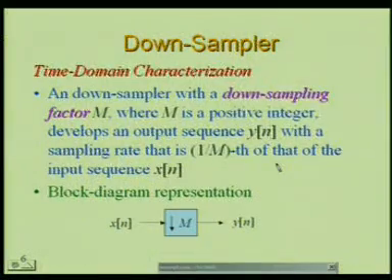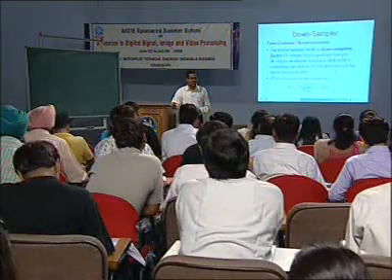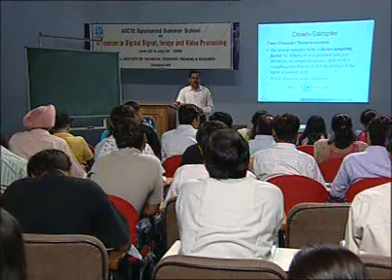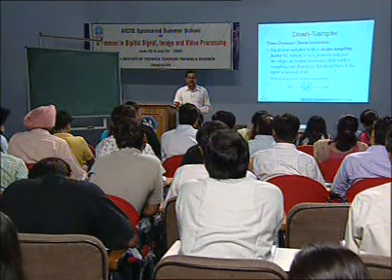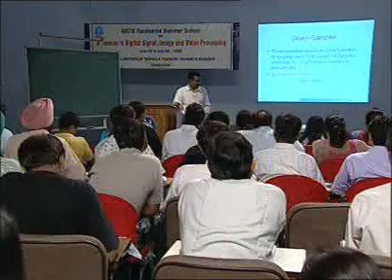The block diagram representation has been shown here. x[n] is the input sequence and capital M is the integer factor or the downsampling factor. This downward arrow shows the downsampling of the input sequence x[n]. Let y[n] be the output sequence taken from the downsampler.